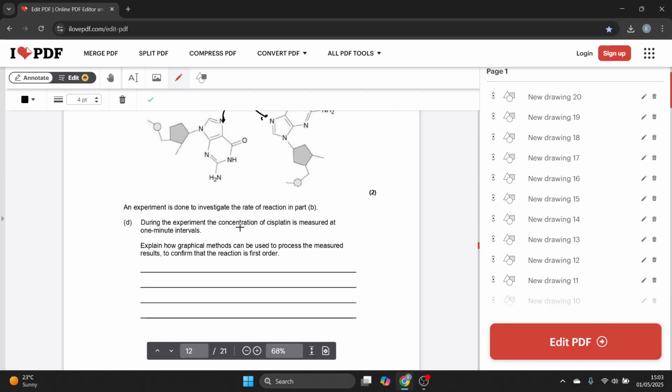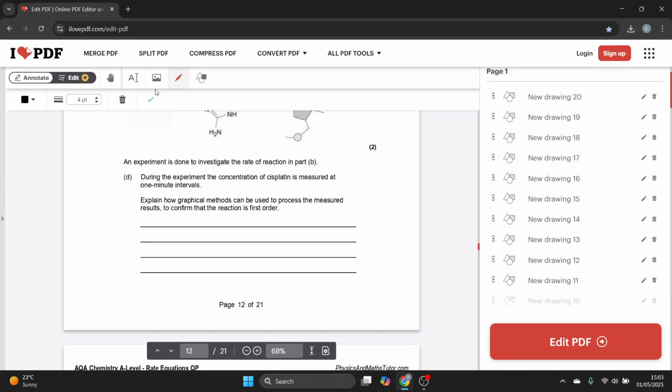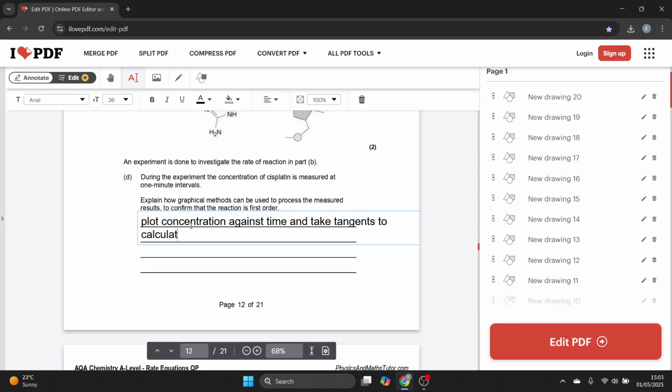During the experiment, the concentration of cisplatin is measured at 1-minute intervals. Explain how graphical methods can be used to process the measured results to confirm this reaction is first order. Plot concentration against time and take tangents to calculate the gradient.